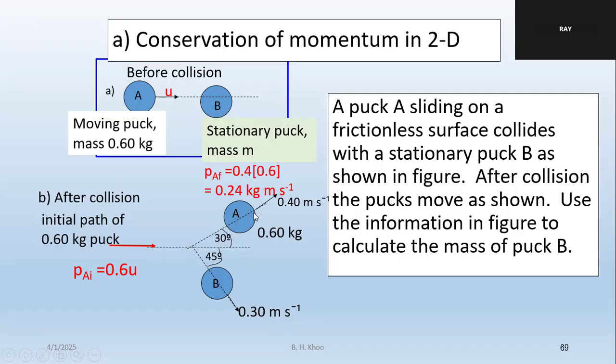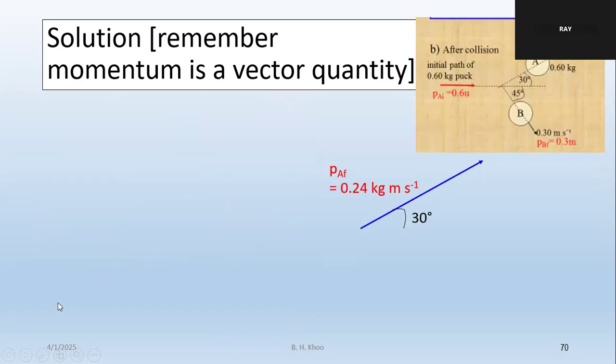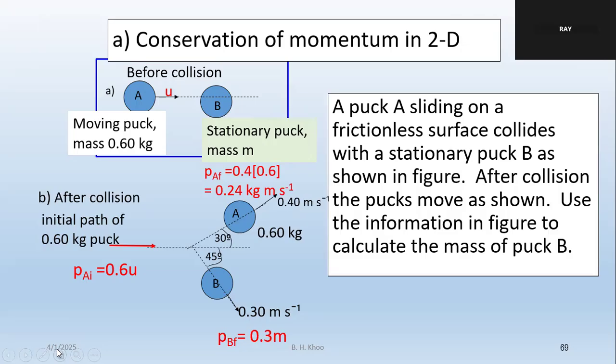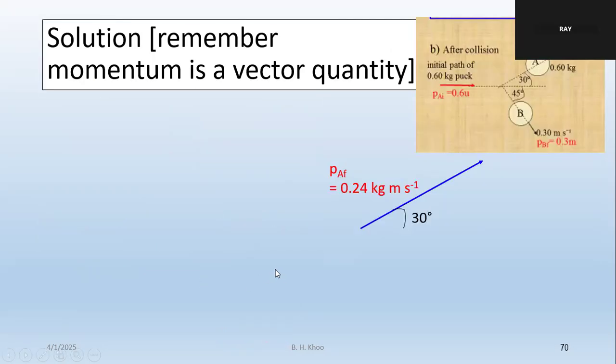So the final momentum of plug A equals 0.6 and 0.4, in this direction, 30 degrees to the original direction. And then there's plug B. So let us just redraw that as a picture.